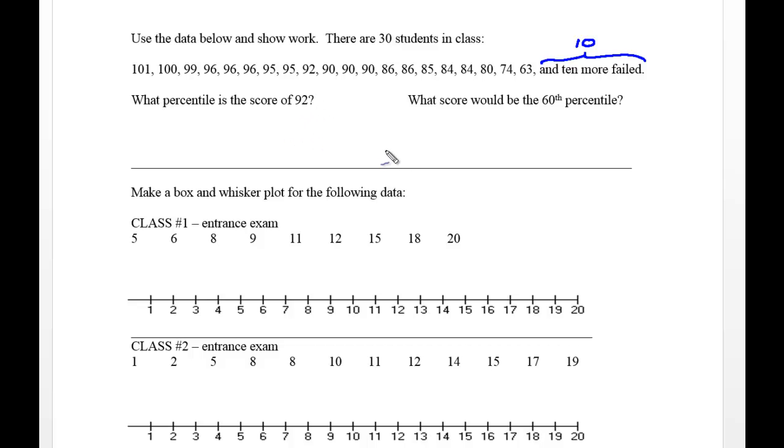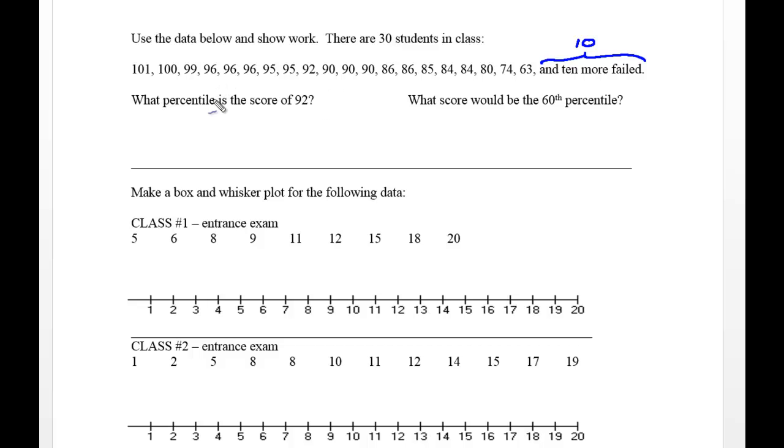I use this example because I want to show the difference between a percentage, which is your percent right on this class. Let's say this is a fictitious Math 101 class, and these are 30 students and their ending grade. Well, let's say you earned an A- in this class, and you decided, well, what percentile am I at? Like, how much percent is below me, and then how much percent would be above me?